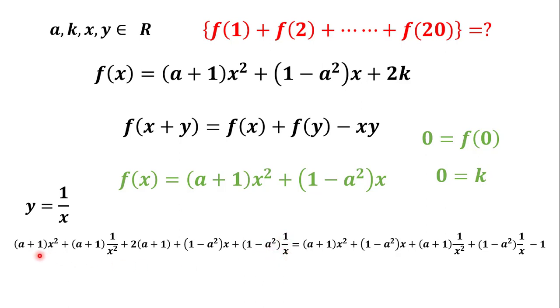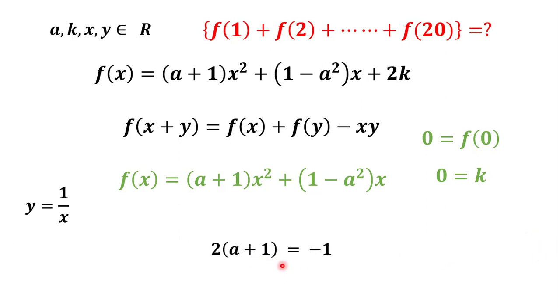As you can see, this term and this term are the same, and also this term and this term, and this term and this term, and in the next step we can remove all the same terms, and only on the left hand side we have 2 times a plus 1, and on the right hand side we have minus 1. Now solve this equation for a, and we get a equals minus 3 over 2.